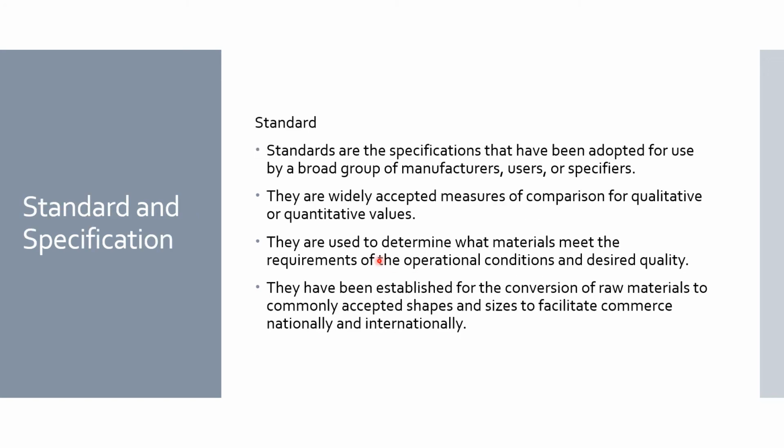All right. Then you need to understand the standards and specifications in product development, and when you're dealing with industrial materials, okay? Standards are just specifications, but they've been adopted for use by a broad group of manufacturers, users, and specifiers. So it's important to have standards because they're widely accepted measures, and we use them to compare qualitative and quantitative values.